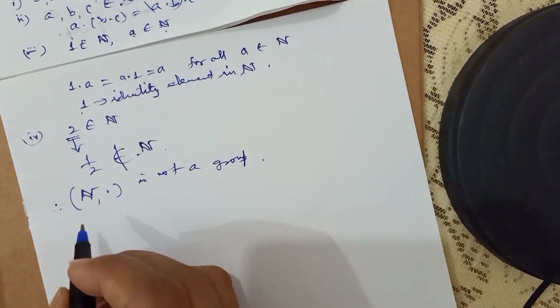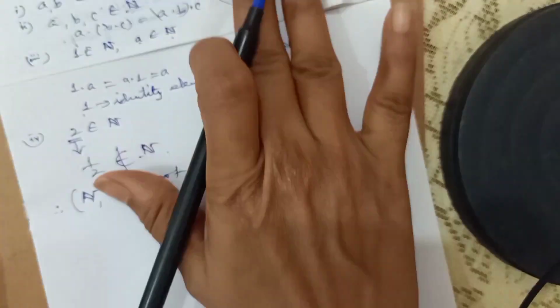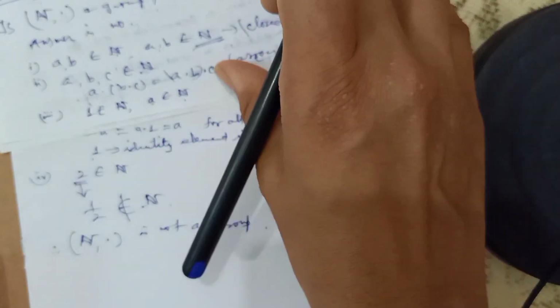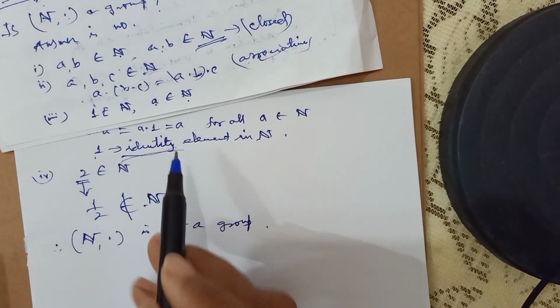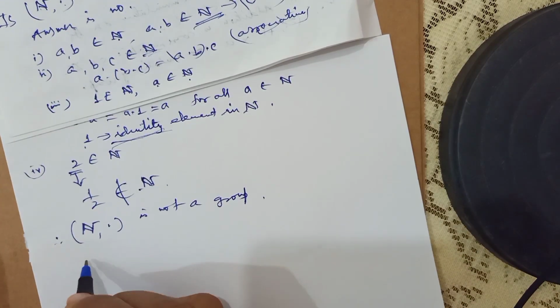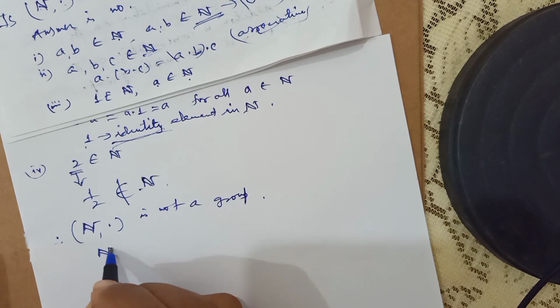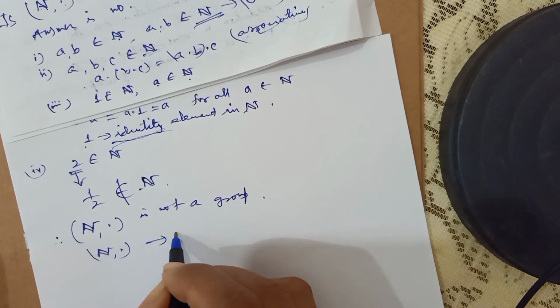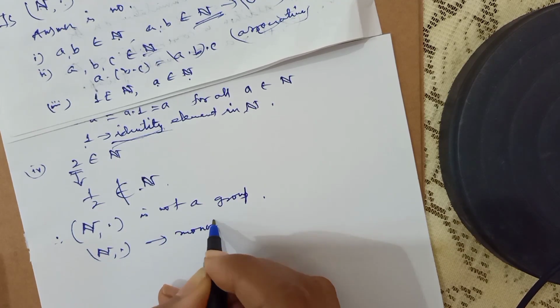Okay, but it has the identity element. So from here we can say that (N, ·) is a monoid.